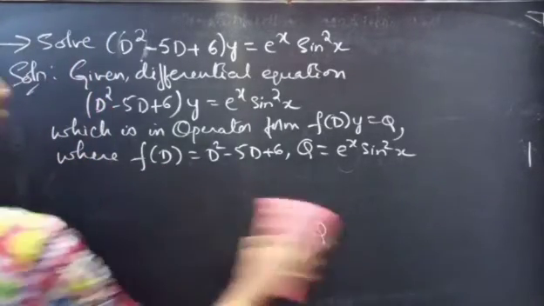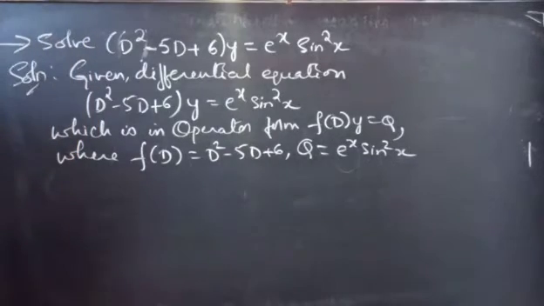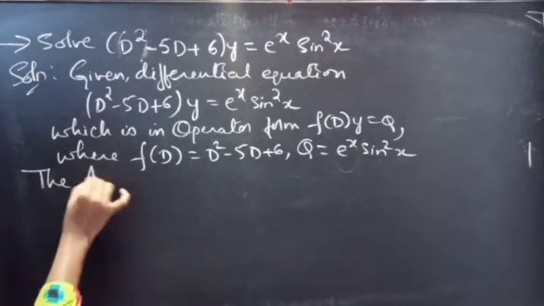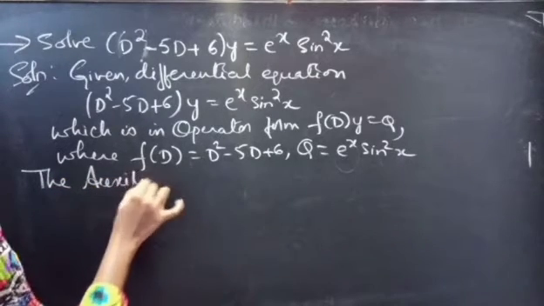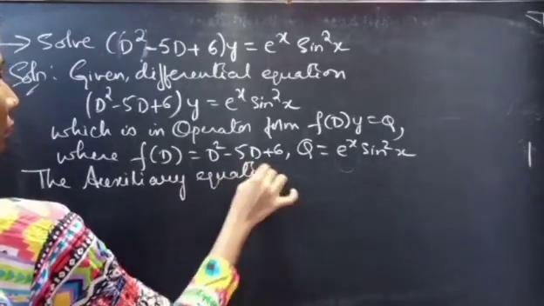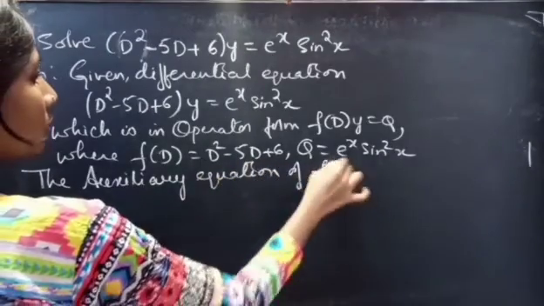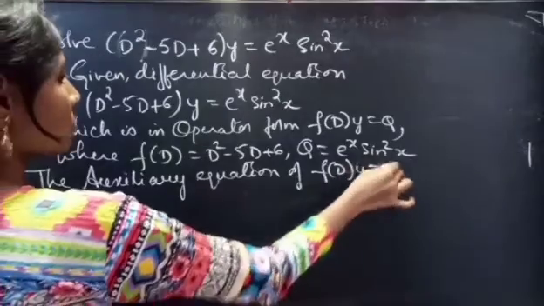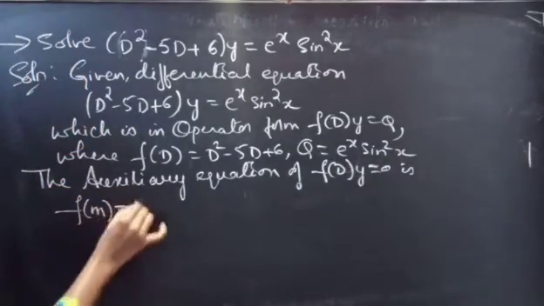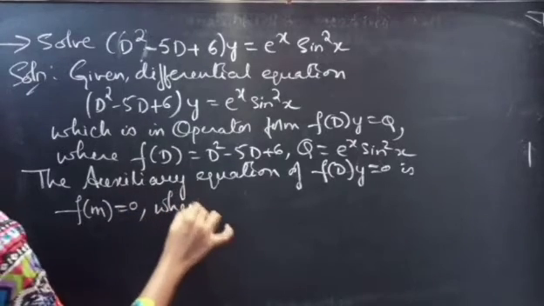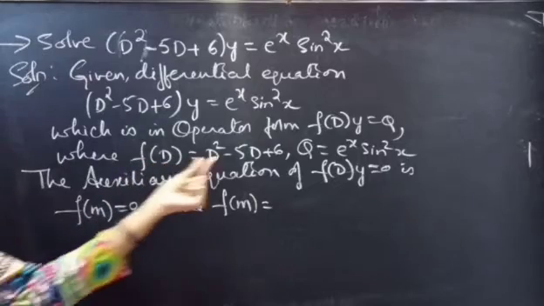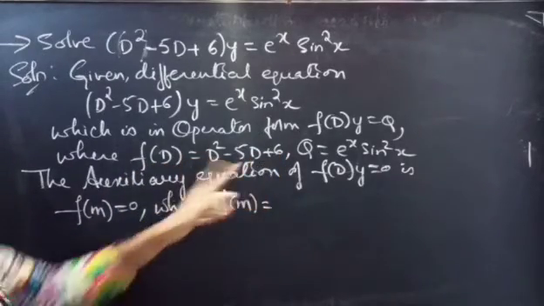Now we are going to find yc using the roots of the homogeneous equation. The auxiliary equation of f(D)y = 0 is f(m) = 0, where f(D) = D² − 5D + 6.